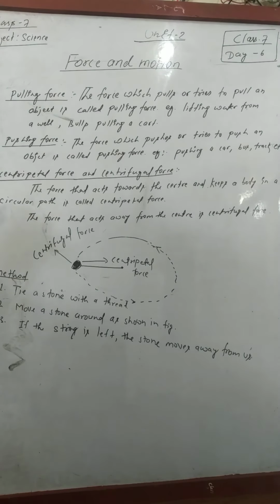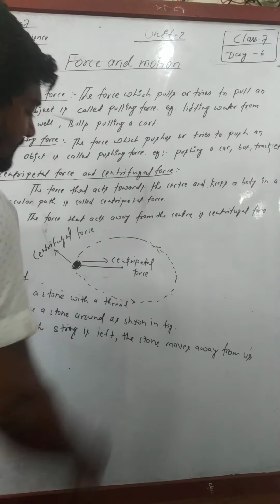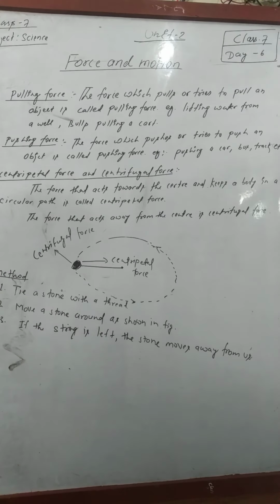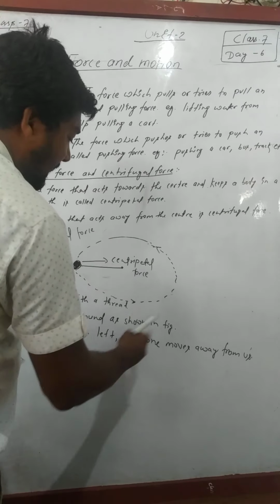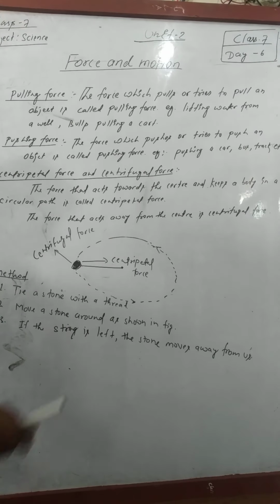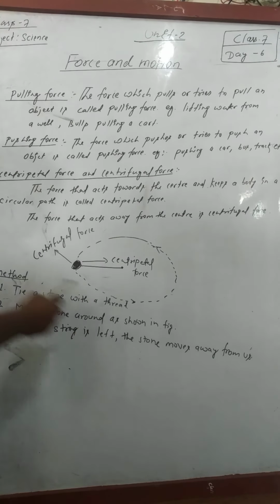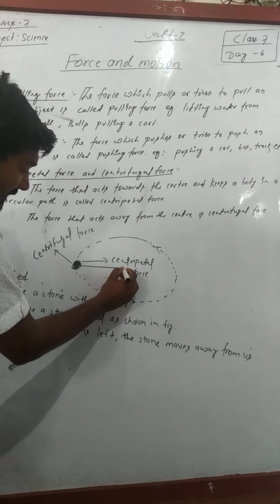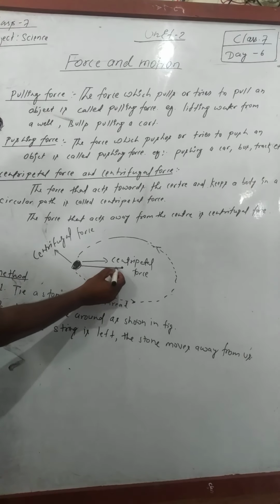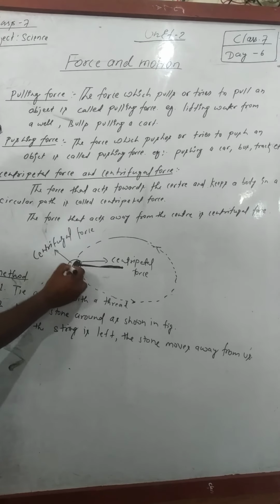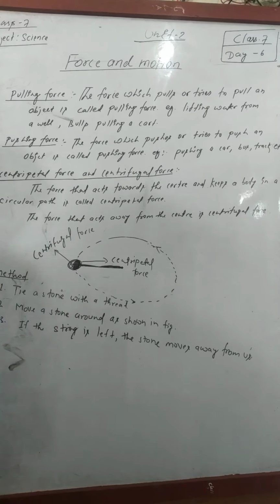And a very interesting topic is centripetal force and centrifugal force. What is the meaning of centripetal force and centrifugal force? First it will be clear from the figure here. See once, everyone, is the figure clear? This is the center, this is a thread, and this one is a stone.